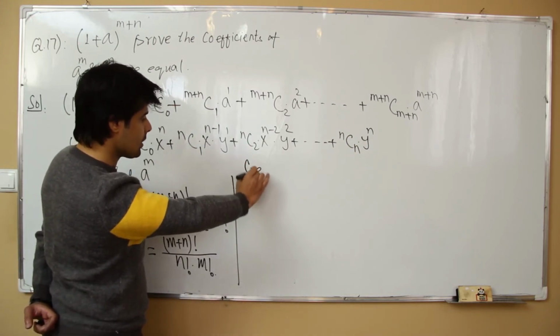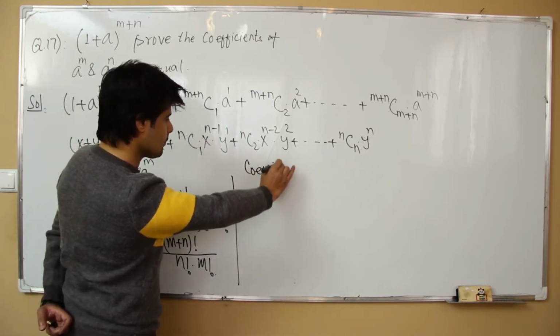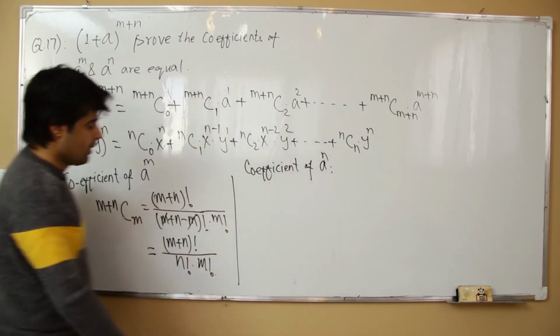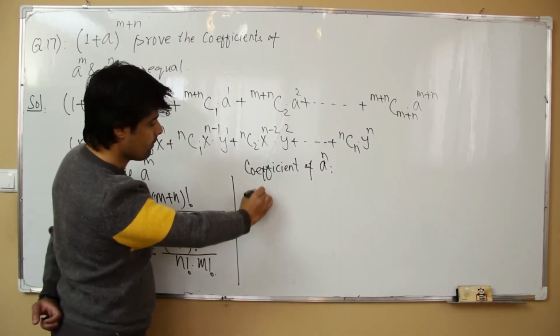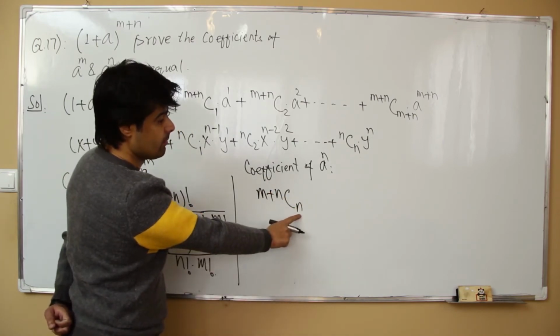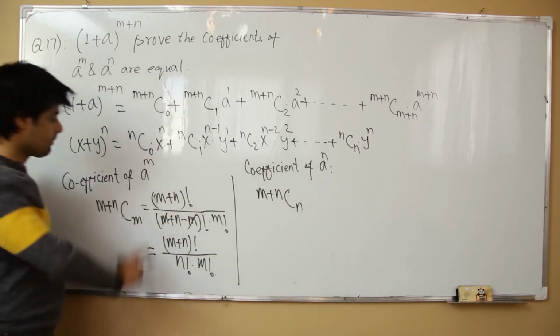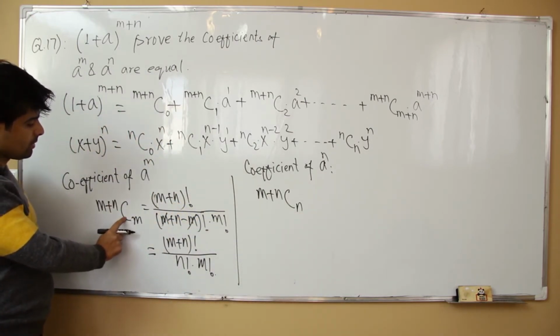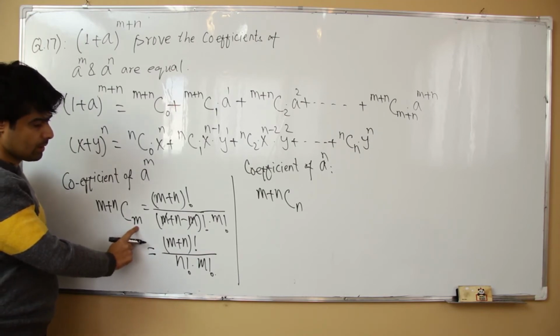What is the coefficient of a to the power n? It is like this one, m plus n C n. Why? n is a number. For example, this is the coefficient of a to the power 10, m plus n C 10.